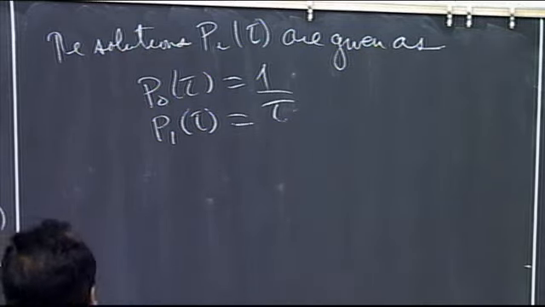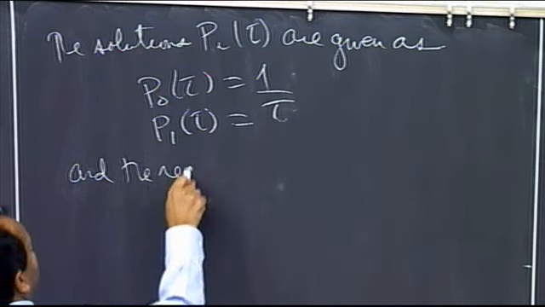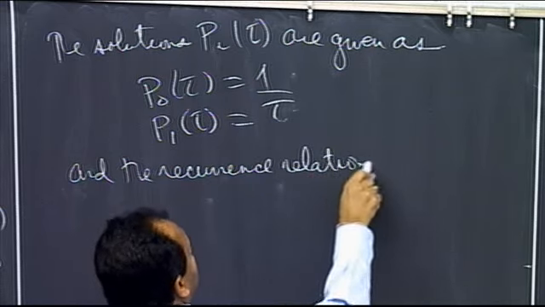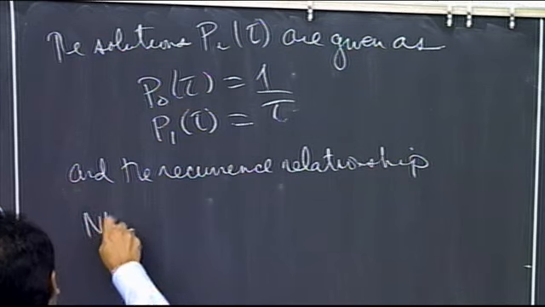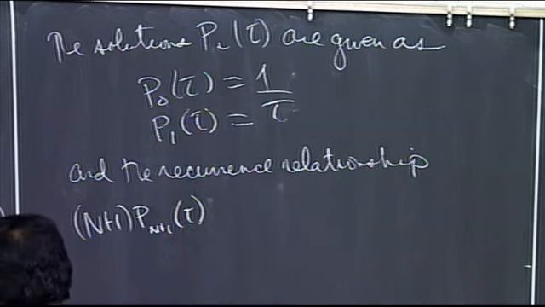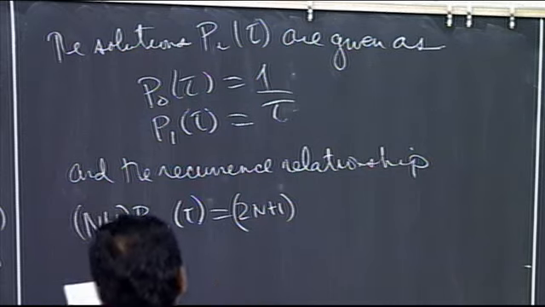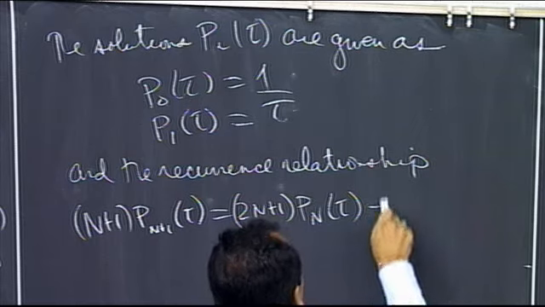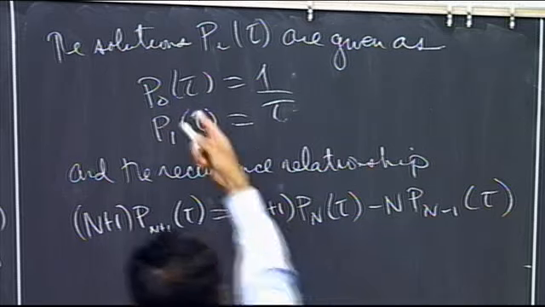And from this point forth, all the others are given by this recurrence relation, which is (n plus 1) times P(n+1) of tau is equal to (2n plus 1) times tau times Pn of tau minus n times P(n-1) of tau, which is why you need the first two.